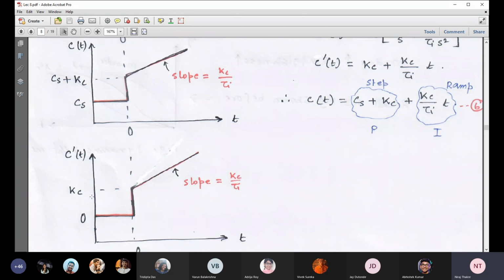That's the point. Because C prime t itself includes CS term. Clear? Any doubt?